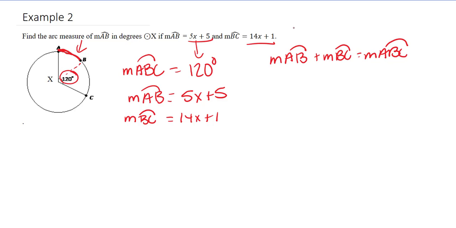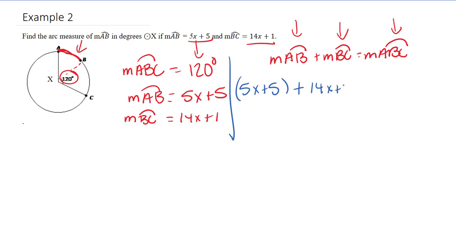We go 5x plus 5, put that in parentheses, plus this arc measure BC, which is 14x plus 1, which is equal to 120 degrees.